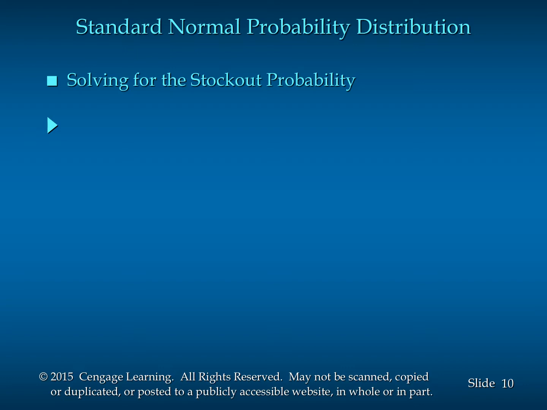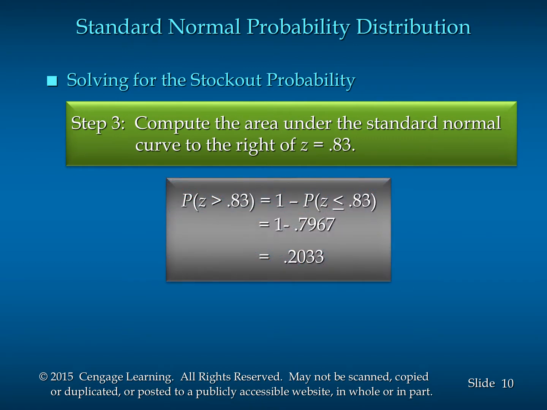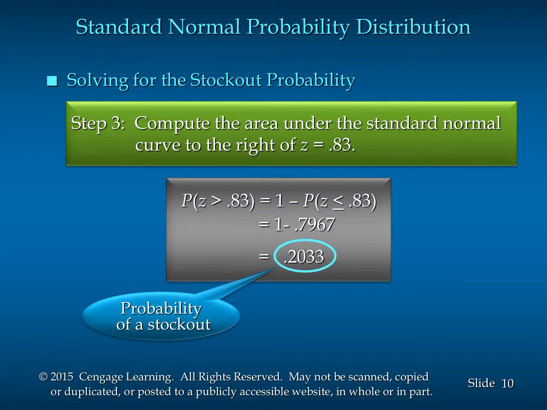But from the original statement of our problem, we know that we want to find the probability of x greater than 20, which is z greater than 0.83. So therefore, we need to subtract the area less than z from 1 to find the area greater than z of 0.83.